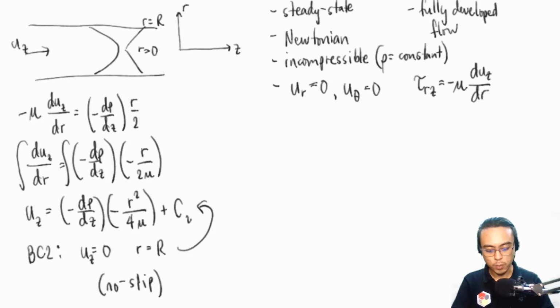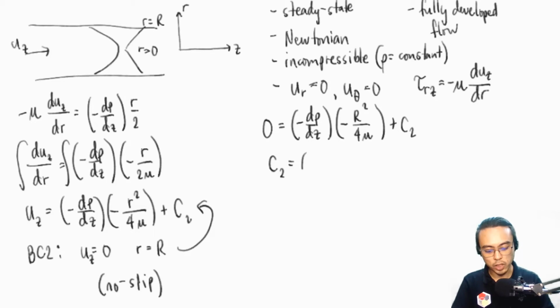We have 0 is equal to negative dp over dz times negative capital R squared over 4 mu plus C2. We now have a value of C2 transposing to the other side. That is negative dp over dz times R squared over 4 mu.